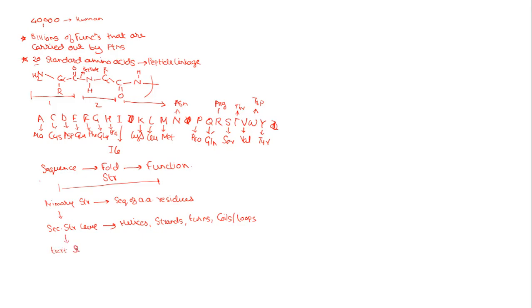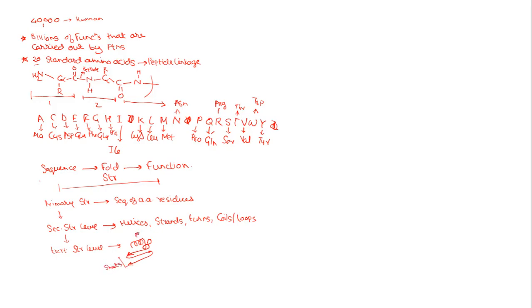in which these secondary structural elements fold upon each other to give the three-dimensional state of your protein. Okay, so these helices can be attached by loops, and there are secondary structures like these beta strands, and these beta strands would form beta sheets.